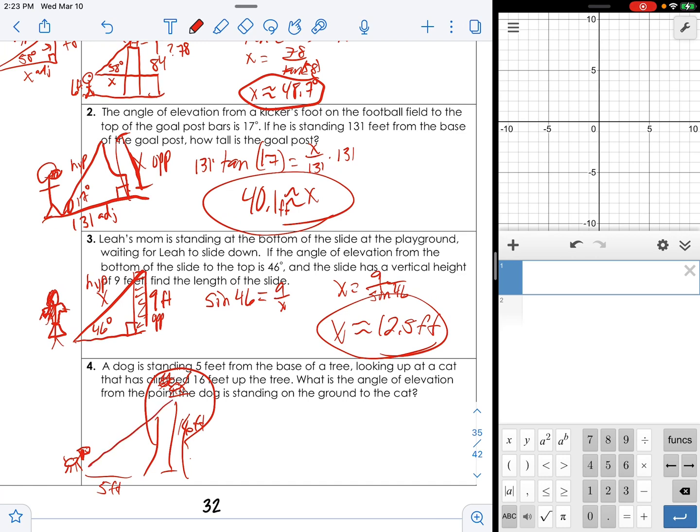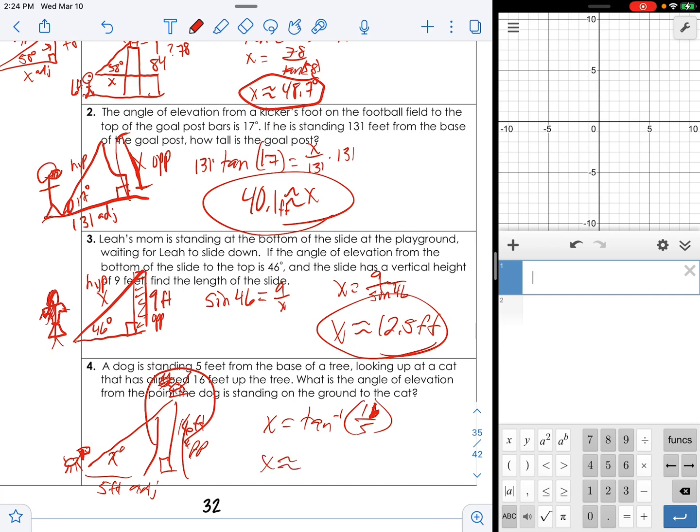So what is the angle of elevation of that cat? Well, we have opposite. We have adjacent. So that's tangent. So we're going to do x equals the arctangent of opposite over adjacent, 16 over 5.